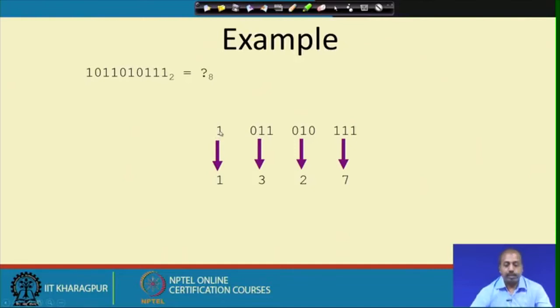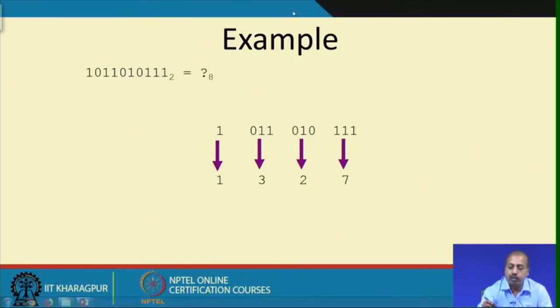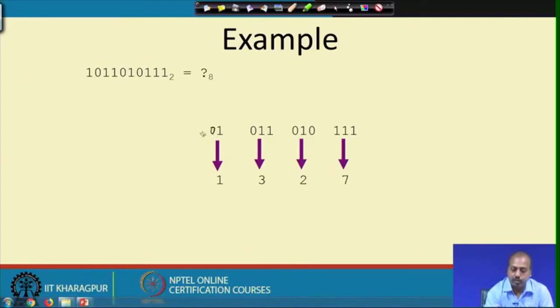So, you can safely assume that there are 2 zeros at this point, because they will not contribute anything to the number.